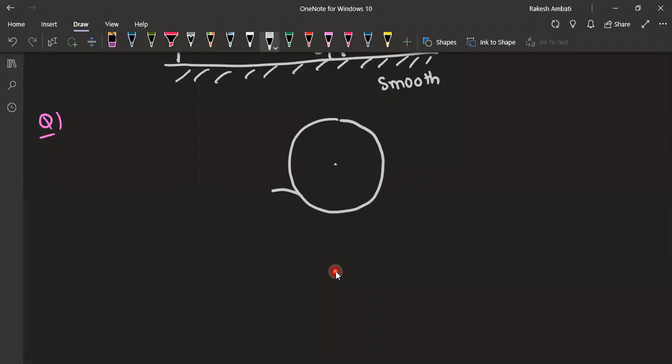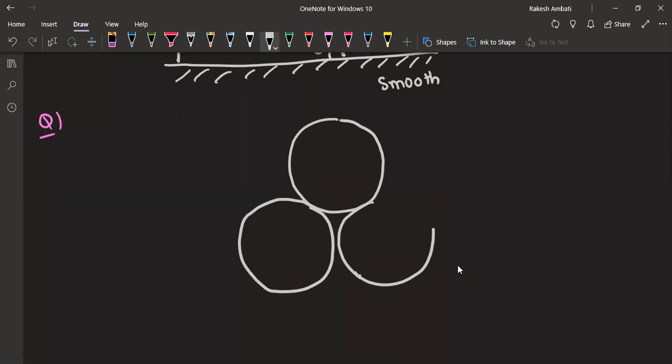We have three identical spheres and all the surfaces are in contact.